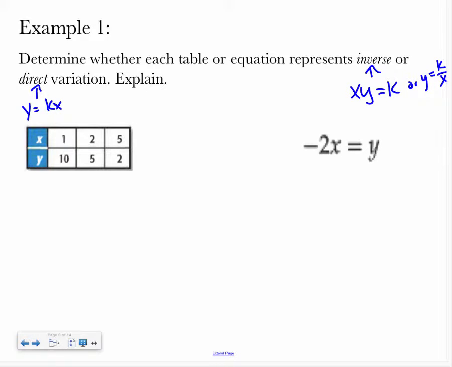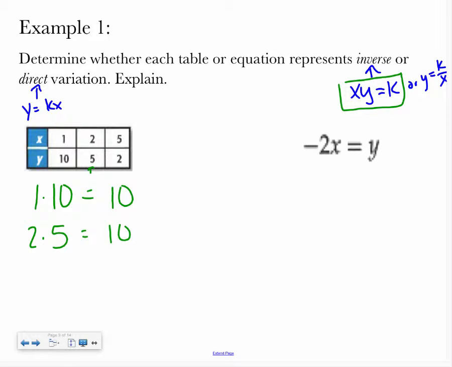Well, in this instance, we have an x and a y, so let's try to see if it matches this. So that means if I take my x and I multiply by my y, 1 times 10 gives me 10, and then if I take the next one, 2 times 5, if it's inverse variation, I should get the same number. So 2 times 5, that gives me 10, or 5 times 2, also 10. So that means this is inverse variation.